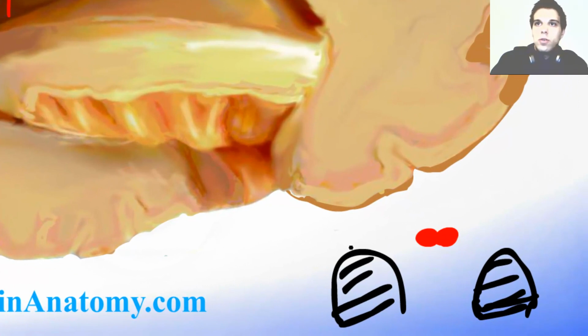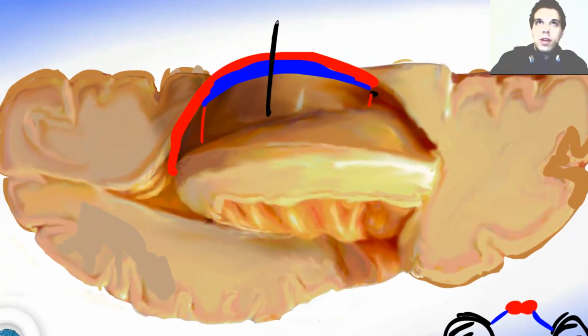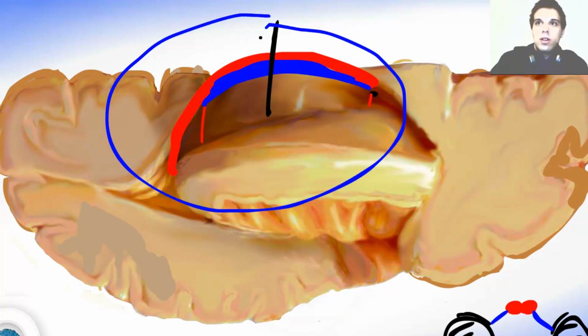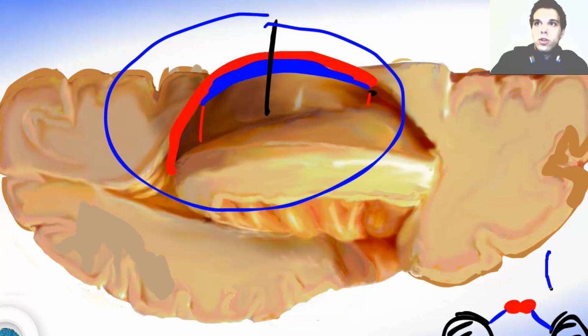On the thalamus, we said that there is a lamina affixa on one side and the same on the other side. Then I illustrated the tela choroidea with blue color. So this is how it would look like if we make a cut here, and what we see here is exactly what we see when we look from above.